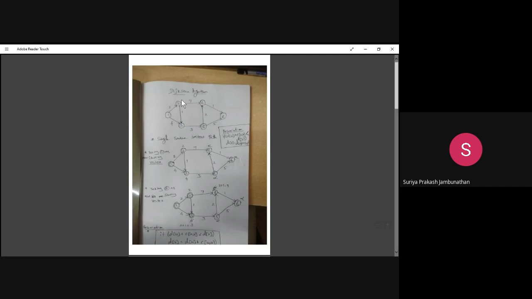The relaxation formula is written as d(u) + c(u,v) < d(v). If this condition is true, then we have to replace d(v) with d(u) + c(u,v). You will understand this formula when we proceed with this particular problem.